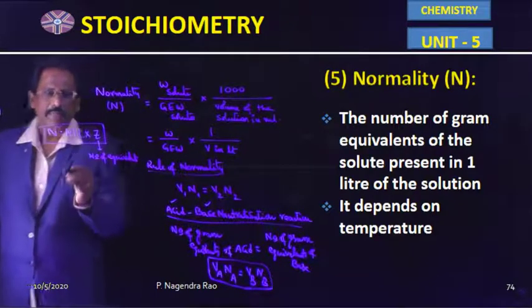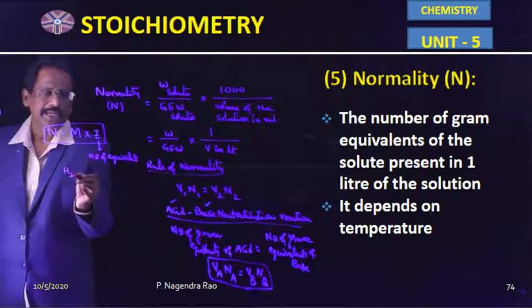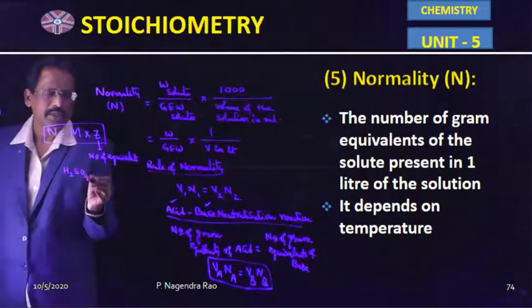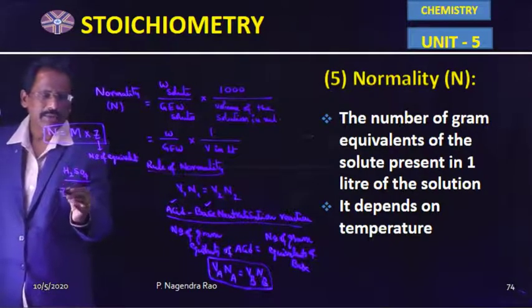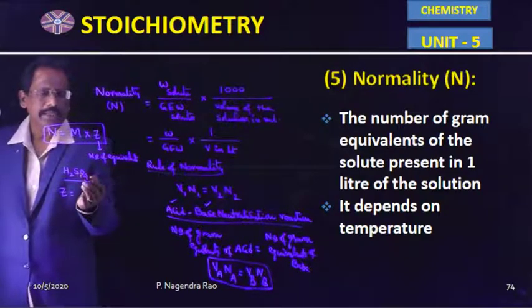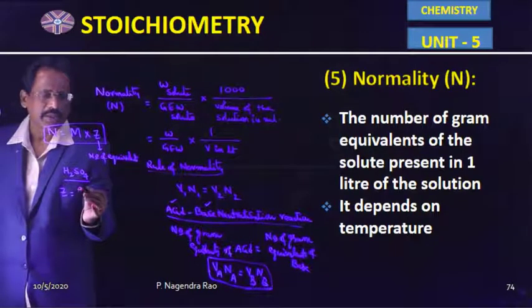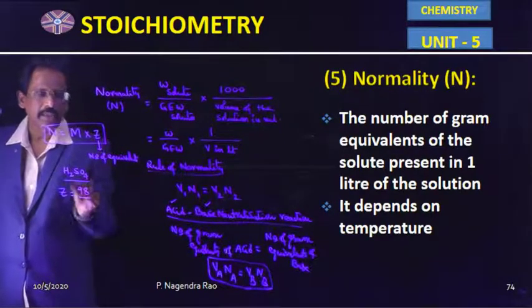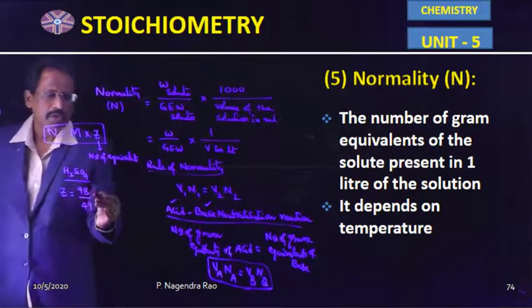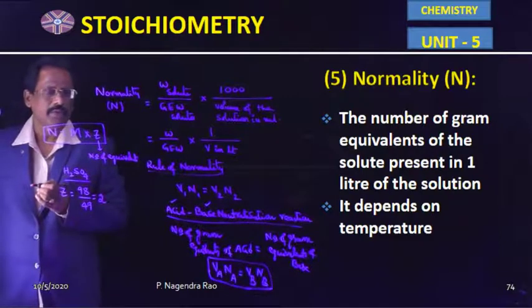For example, for sulfuric acid, the value of Z is equal to its molecular weight divided by equivalent weight. Now the molecular weight of sulfuric acid is 98. Equivalent weight of sulfuric acid is 49. It is already known to you. So value of Z is equal to 2 for H2SO4.